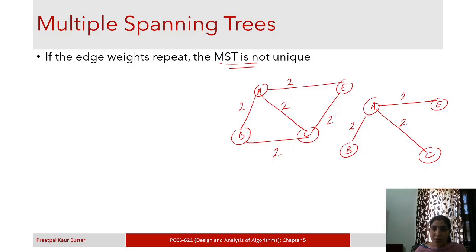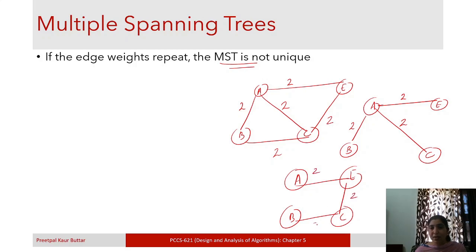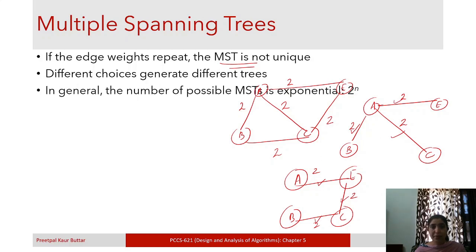Now this can be one spanning tree, but I can choose some other order also. If I choose this, this is another spanning tree. So there are multiple spanning trees possible. Different choices generate different trees. Here I am choosing a different set of edges, and here I am choosing a different set of edges.